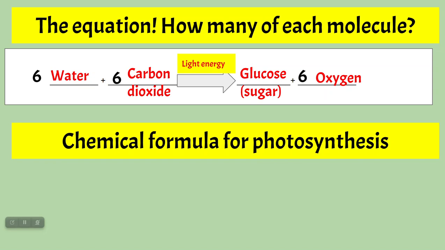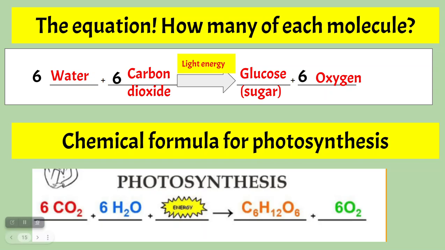Okay, and so this is a word equation where we're using our words to talk about what happened. The actual chemical formula, we have 6CO2. Remember, that's carbon, and then di is for the number 2, oxide. So I have 2 oxygens for every carbon. 6H2O, so I have 6 water molecules exposed to energy, and that produces C6H12O6.